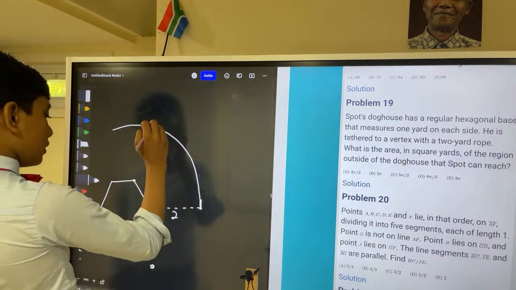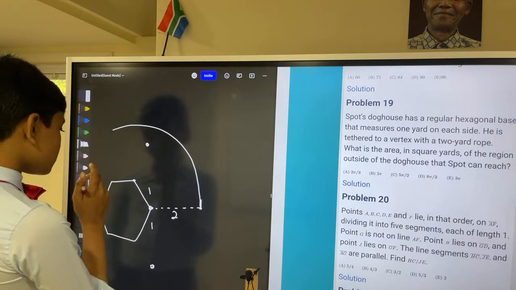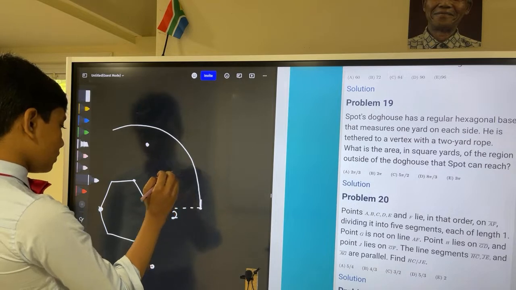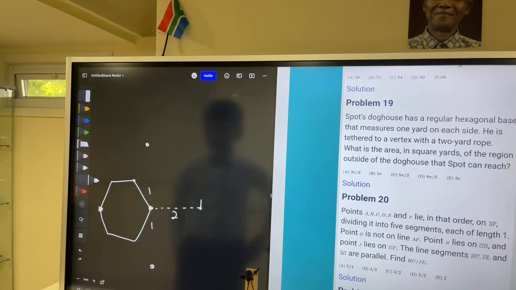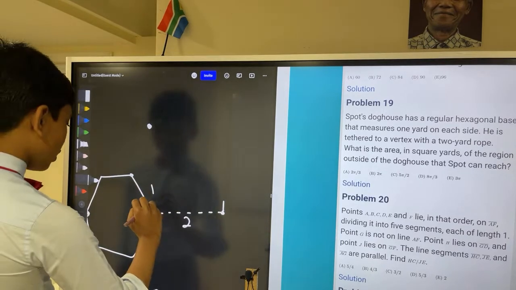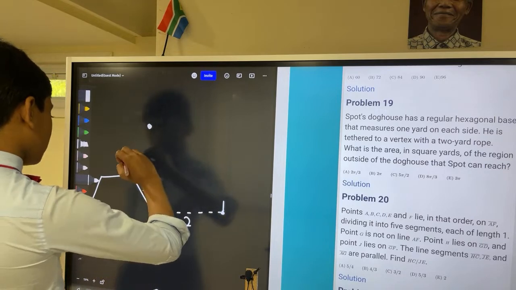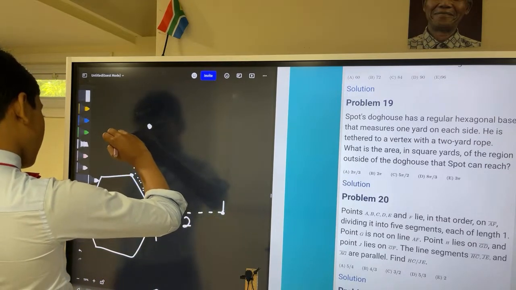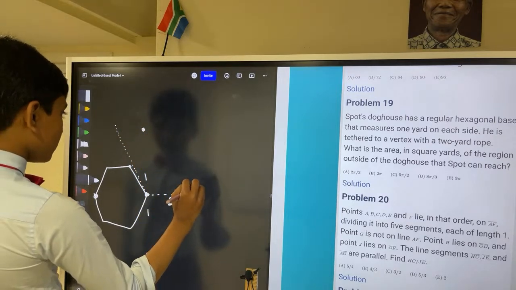So, if he walks all the way over here, it's about twice the side length.